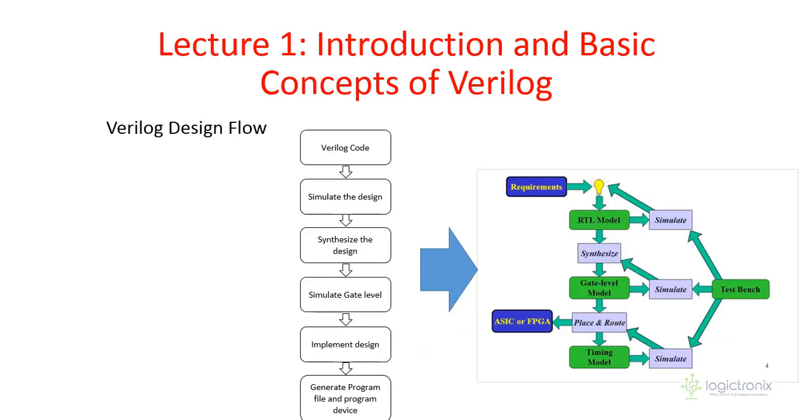Let's go into a little bit about the Verilog design flow. First we have the Verilog code block. This shows that while following the hardware design methodology, we need to know about the architecture and the RTL code, or VHDL or Verilog code. The first step of this flow is writing the Verilog program.